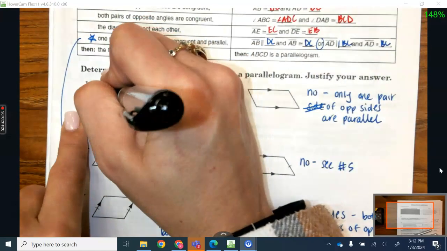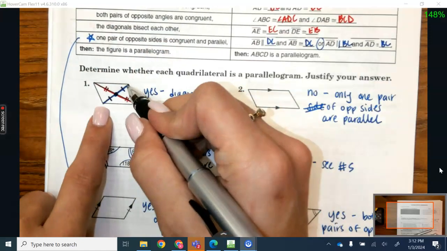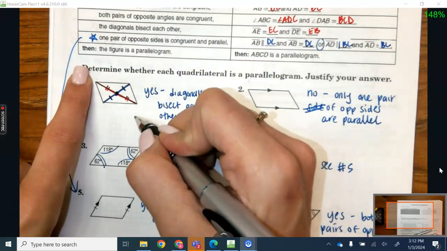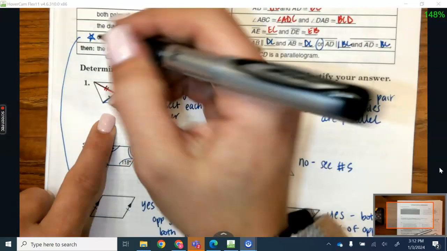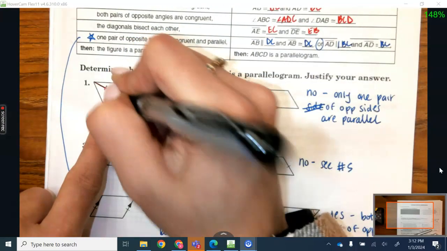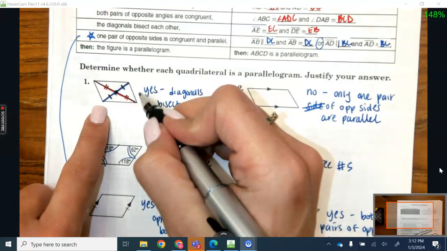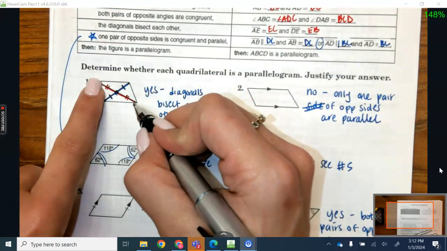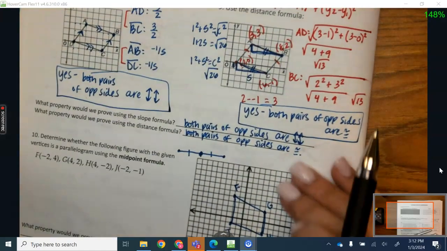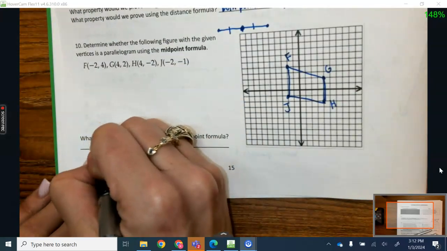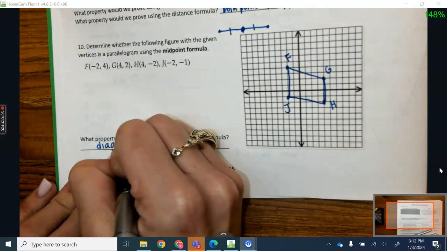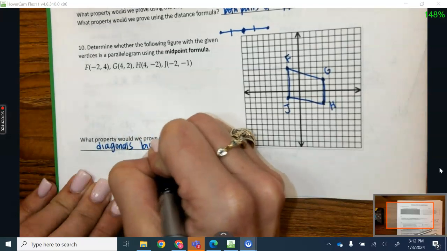If that occurs, then this point of intersection is a midpoint for both diagonals. If it's getting bisected, it's getting cut in half. So this point of intersection of my diagonals would be the midpoint for each diagonal. That would be the property that I would have to prove using the midpoint formula, that diagonals bisect each other.